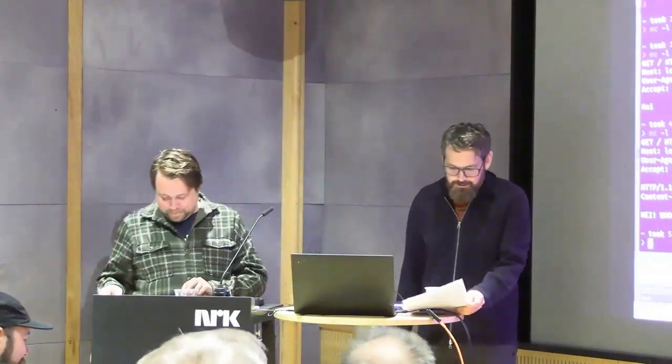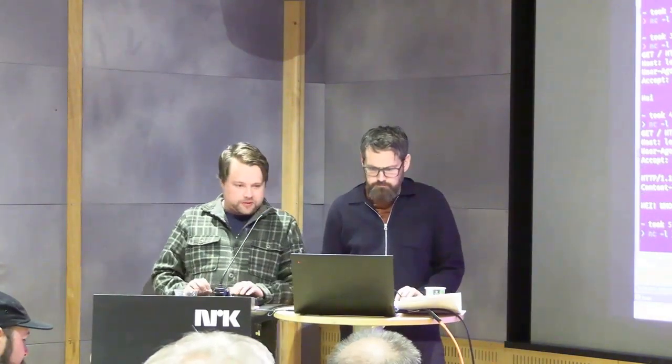Now you can't reply anymore, so the conversation is over. That was boring. But that's the basics of HTTP. It's just text documents that's sent over the wire. But I can also start a browser on this machine.